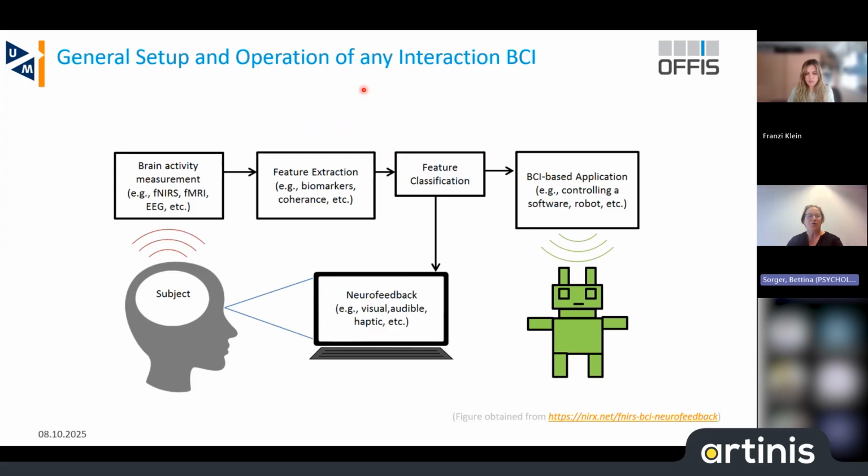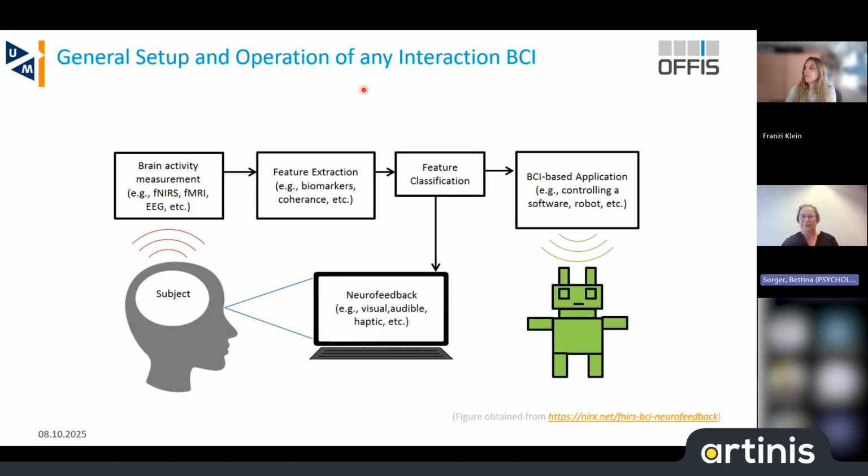So here is the overview about the general setup and operation of any interaction BCI. So that means about any BCI, also EEG-based, for example. So you have a subject with brain activity, or that generates brain activity, and this can be fNIRS, fMRI, EEG, etc. Then there is a so-called signal processing unit in which a specific feature is extracted from the brain activity.